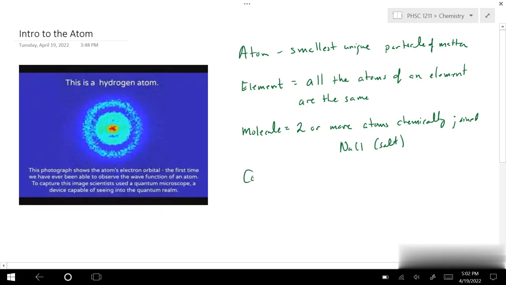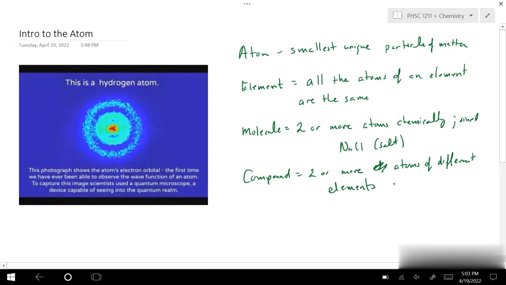A compound. These definitions are going to be kind of confusing.